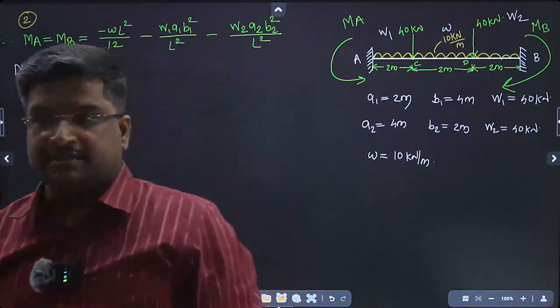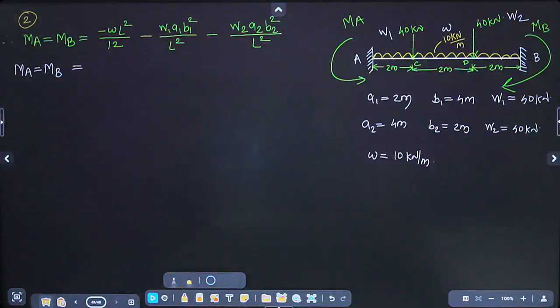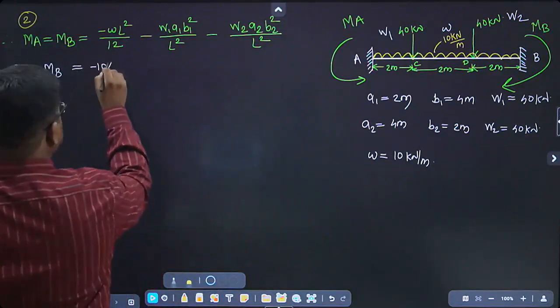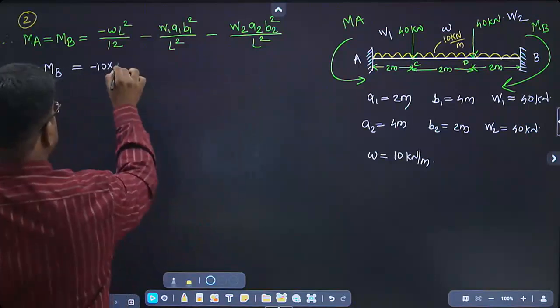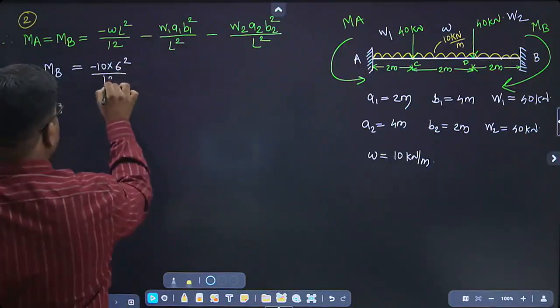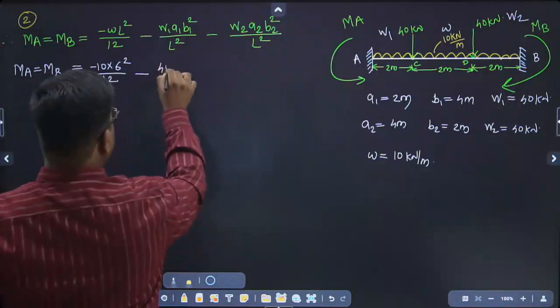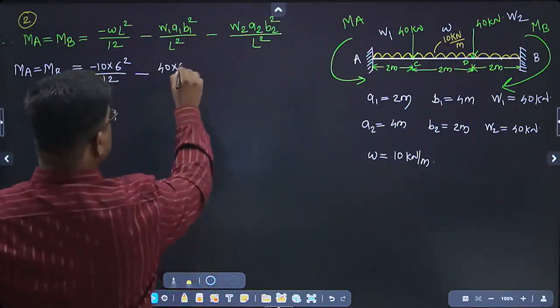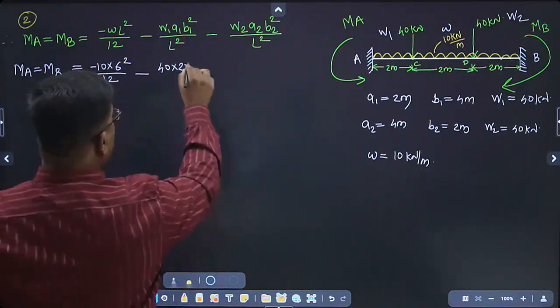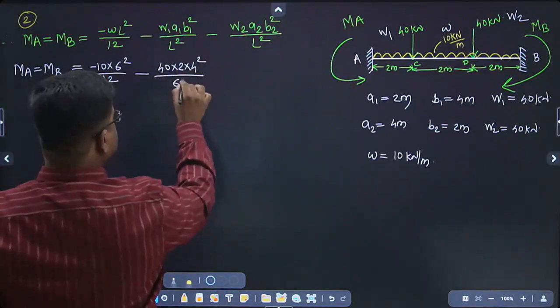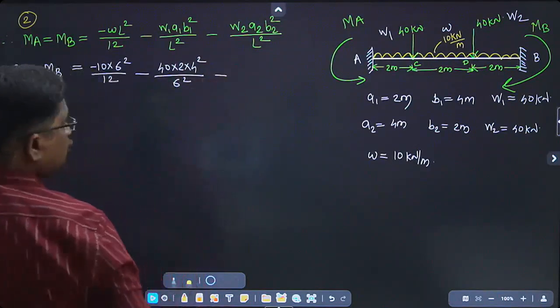Find out the answers. Put the values there. What is W? It is 10. So minus 10 into L is 6, 6 square upon 12. Minus W1 is again 40 into A1 is 2, B1 is 4 square upon L, 6 square, minus W2.